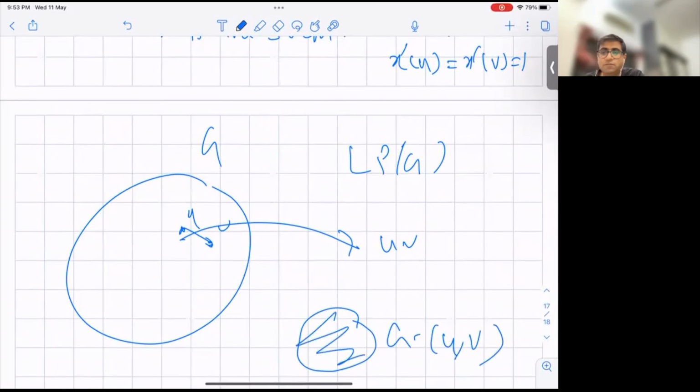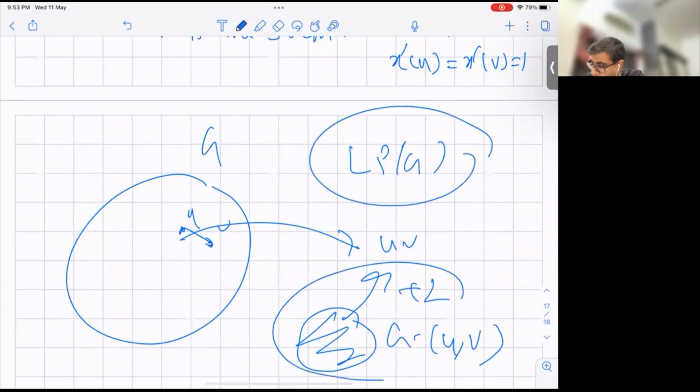Compute its LP value. Now add 2 to this and look at the LP of G and this LP. Do they differ by half only? If they differ by just half, then I'm telling you that I can find a set Z which is an independent set, the neighborhood of Z contains an edge, and the other properties hold. Is the statement clear to everybody?